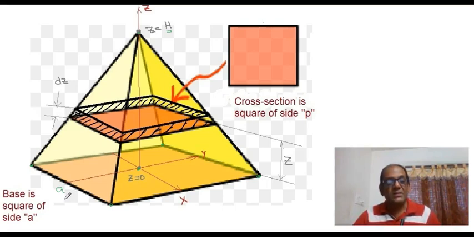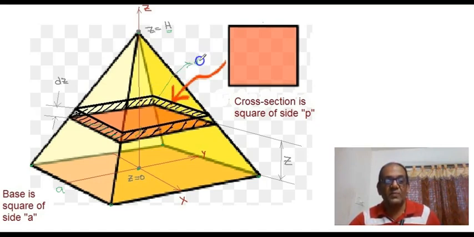To locate the centroid of this square pyramid, we'll try to consider one thin slice as shown here, with hatched sides. This is elemental volume dV.